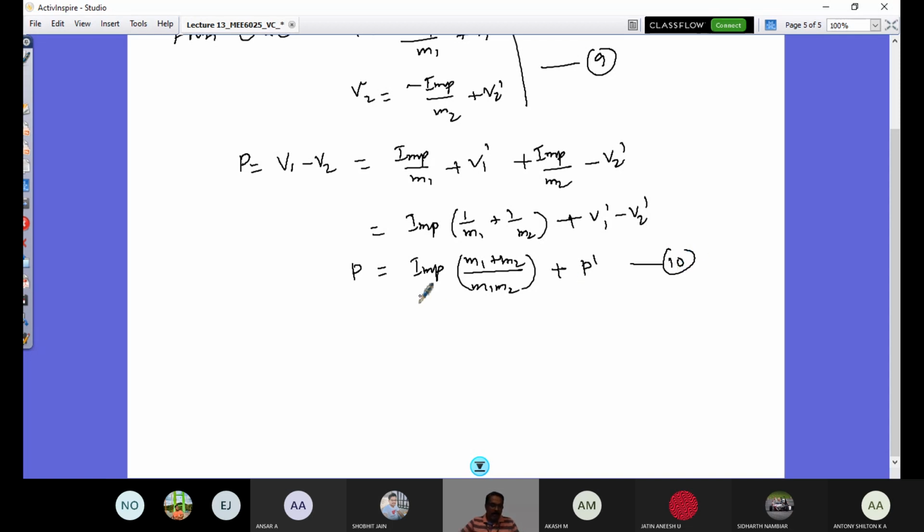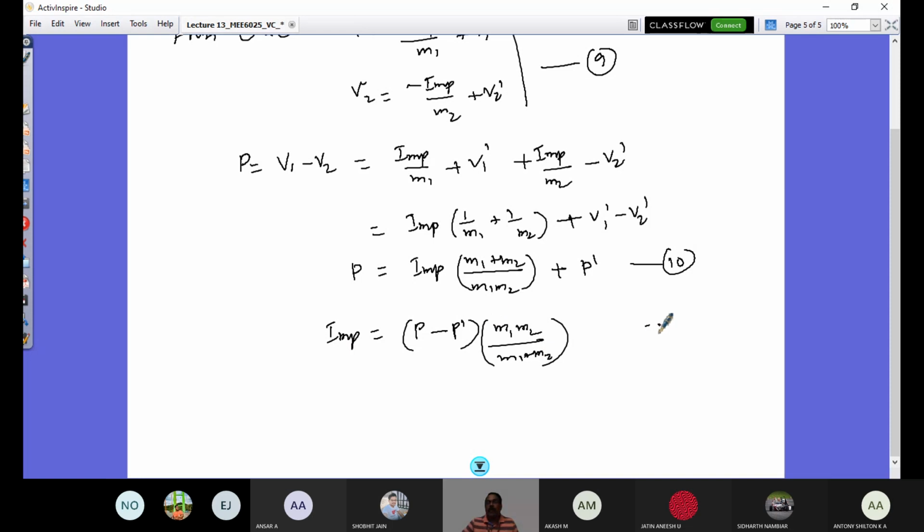And I can write this equation like this. I want to find my total impulse. So for that, let me take it like this. The total impulse is going to be, if I bring P dash to that side, P minus P dash into M1 M2 by M1 plus M2.